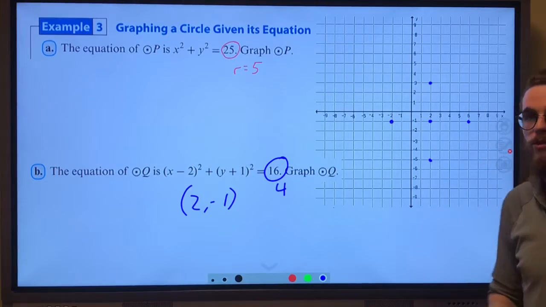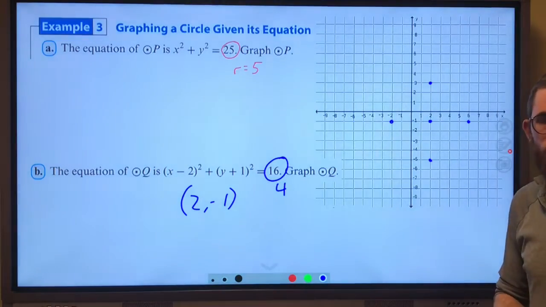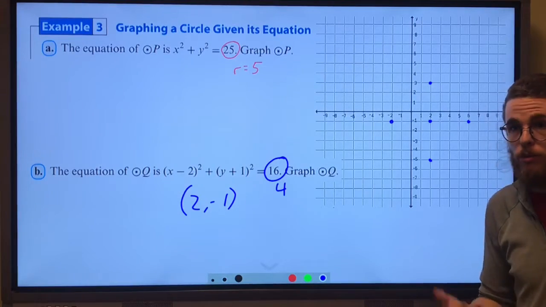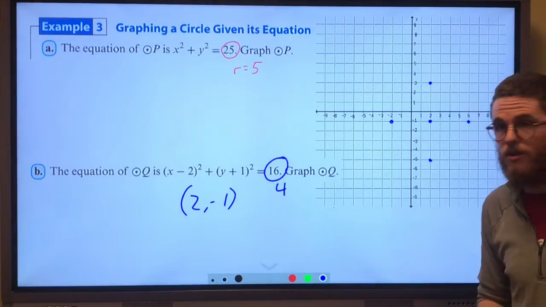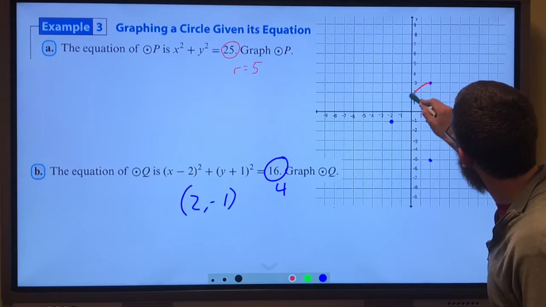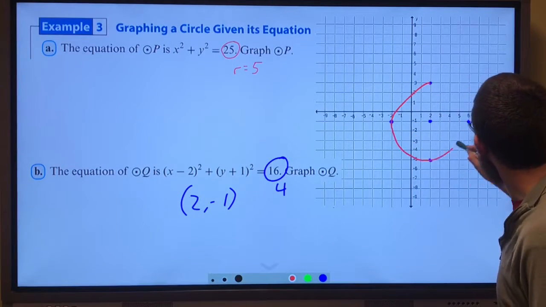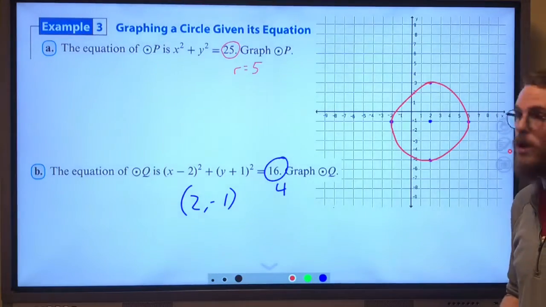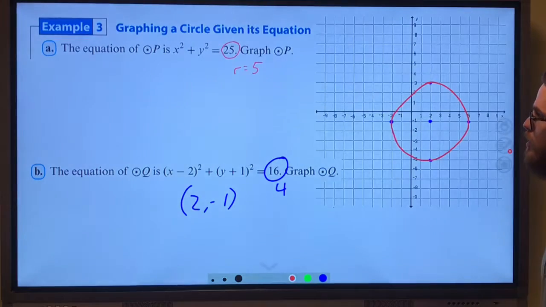We could grab more points if we really wanted to, but I don't know any quick Pythagorean triples with 4 as the hypotenuse, so that's not going to be as easy to do. I'm going to connect these the best I can to make a circle. It wasn't the best, but it was okay.